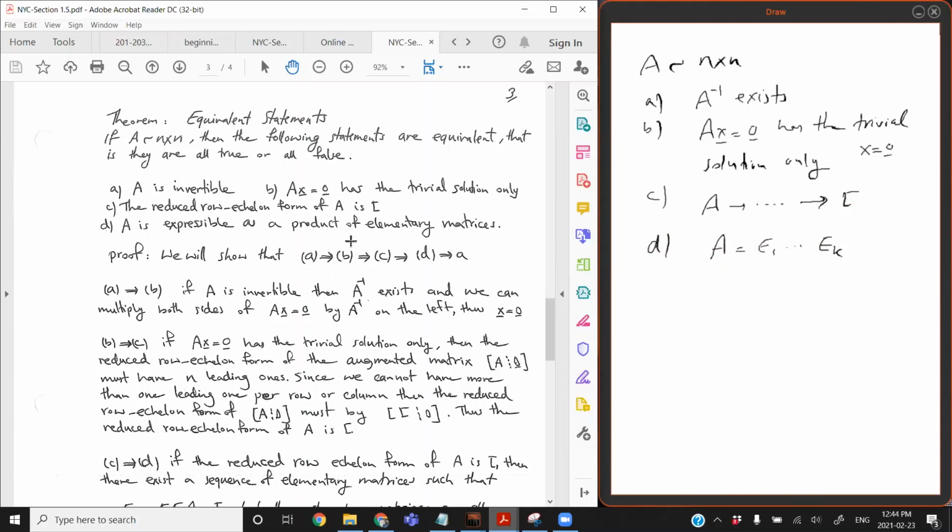Now, these statements being equivalent means if you have one of them as true, then the others are also definitely true. And if one of them is false, then the other ones are also false.